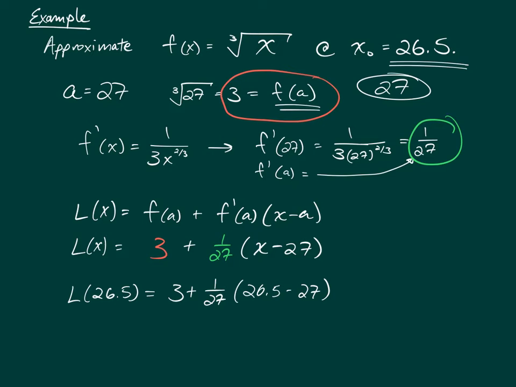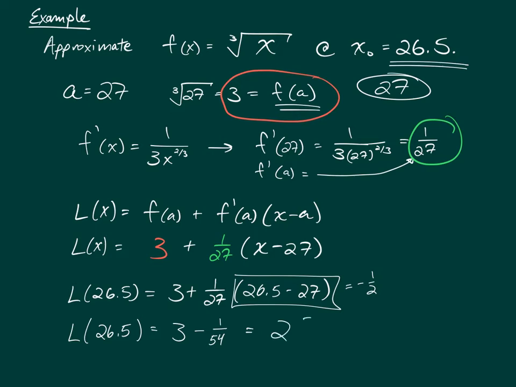Well, this is easy enough. That set of parentheses reduces to negative 1/2. So then we can multiply 1 over 27 times negative 1/2 and get negative 1 over 54, which means you have 2 and 53/54ths as your approximate answer for the cube root of 26.5.